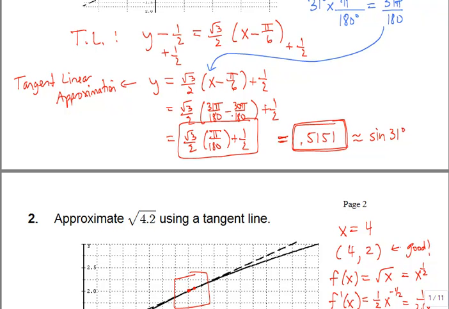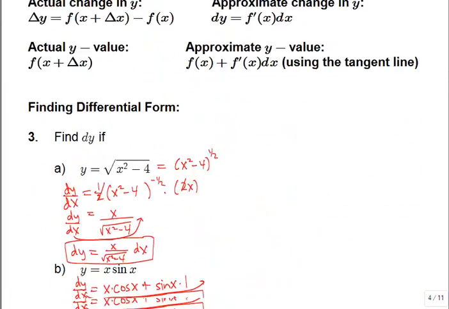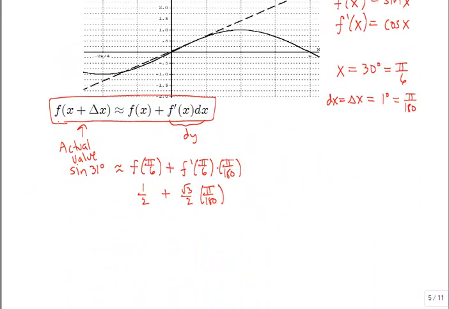We already computed that change off to the side. So that's the only difference between the tangent line approach and the differential approach. So this is going to be that 0.5151. So the actual value of sine of 31 degrees is approximately 0.5151.